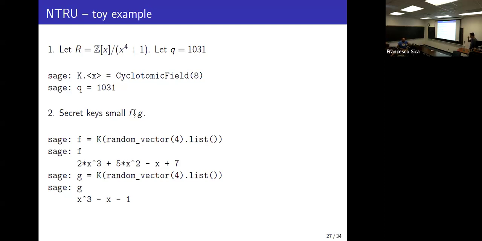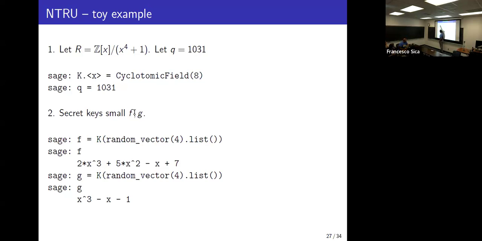If you think about R mod Q over here, you don't naturally get a field. If you replace it by Q, you get a cyclotomic number field.